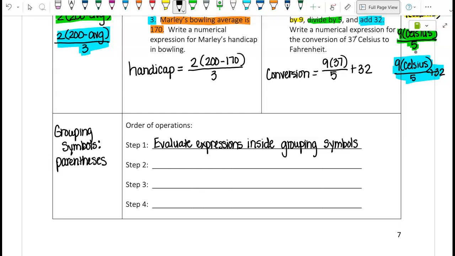Can anyone name another type of grouping symbol? Brackets.